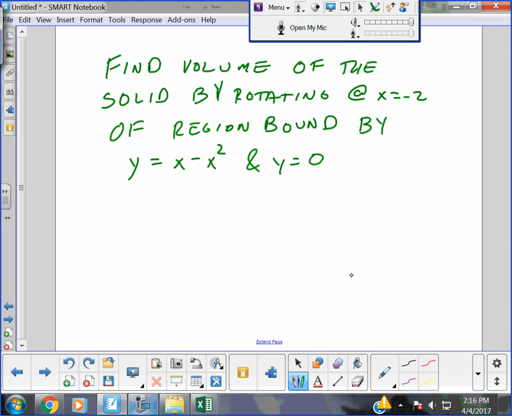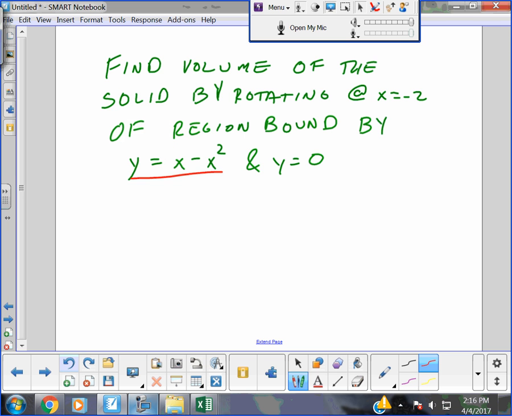Find the volume of the solid by rotating about x equals -2 the region bounded by the curve y equals x minus x squared and y equals 0. Everybody, first of all, you should remember from the good old days of pre-calc, this is a parabola upside down. We can tell right away it's going to peak at x equals 1/2.